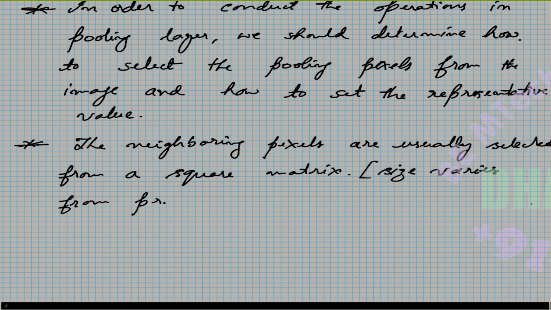Obvious. Then the representative value: how to represent the value? That was our next question, so we'll answer that now.